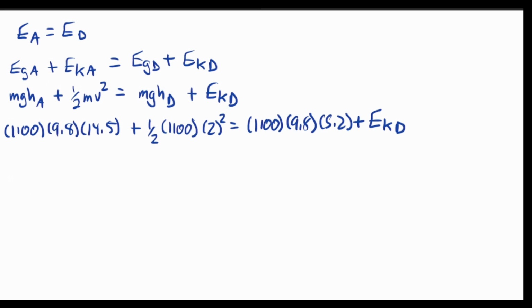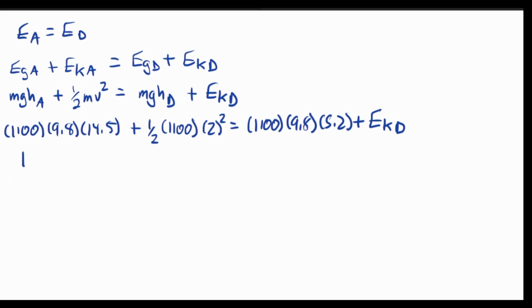Now we're just going to simplify, rearrange, and solve so that everything is equal to EK, or kinetic energy at point D. So once again, the answers are given on Brightspace, but I'm going to recalculate them myself to make sure we are correct.